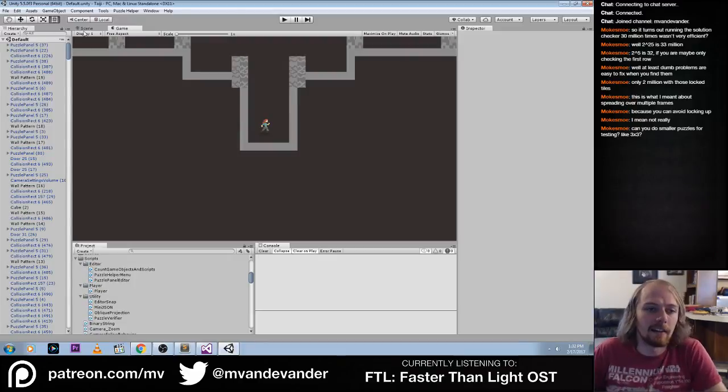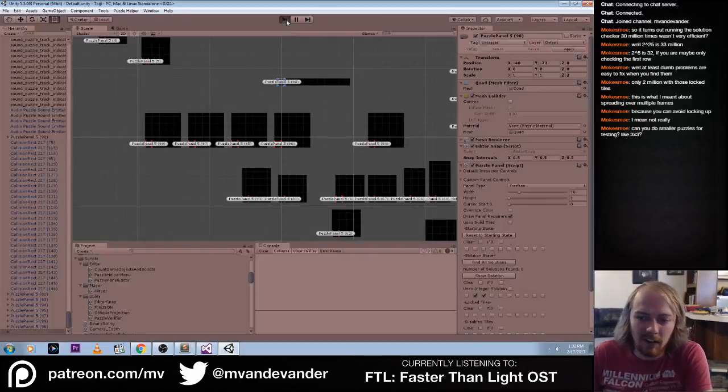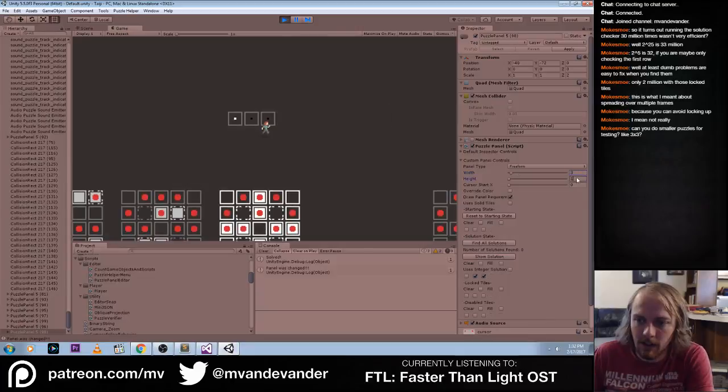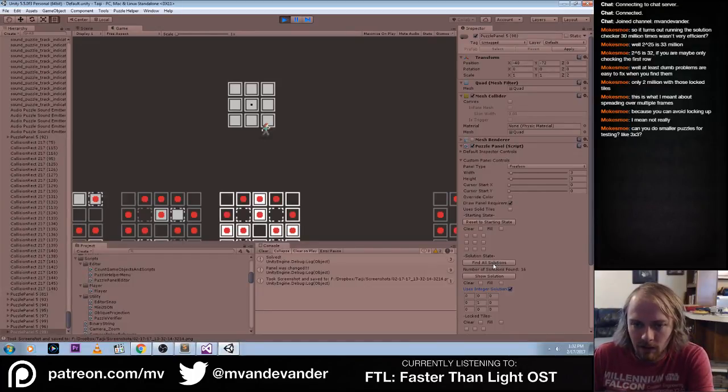Yeah, it works on smaller puzzles. I've already tested that. The problem is that it doesn't work on larger puzzles. Like, if I do a 3x3 and I put, for example, if I do this, it works, right? It finds the solution. And if I set it to the actual proper thing, then it will find the solutions there too, right?